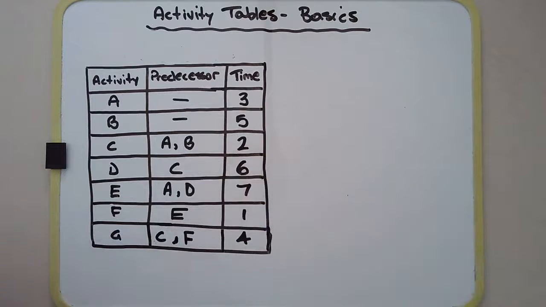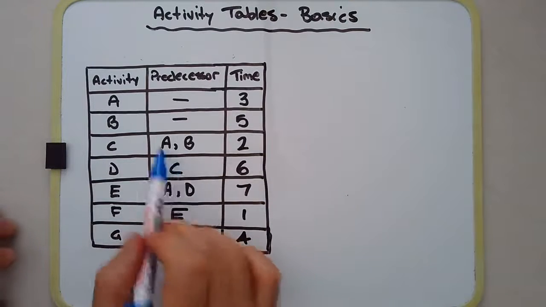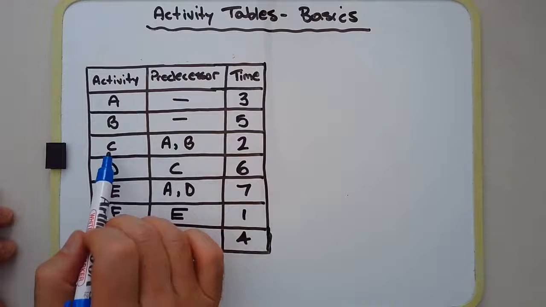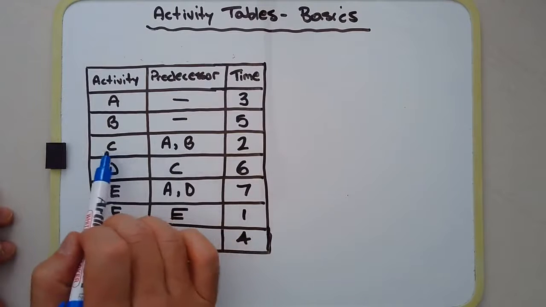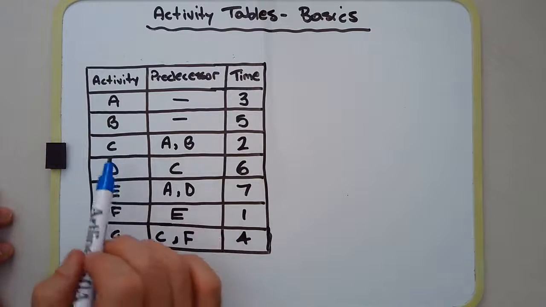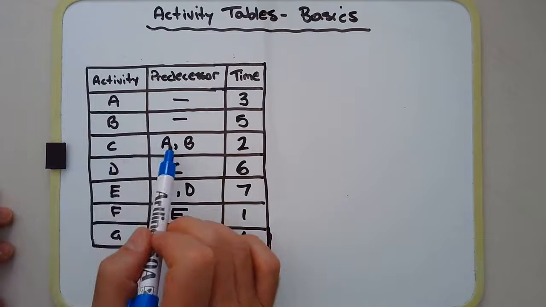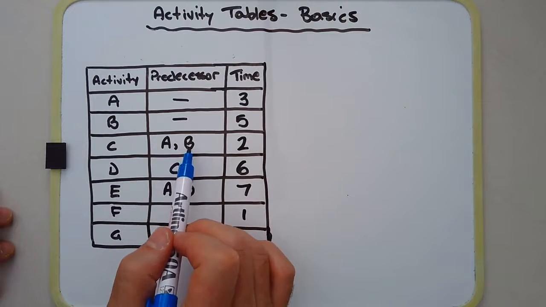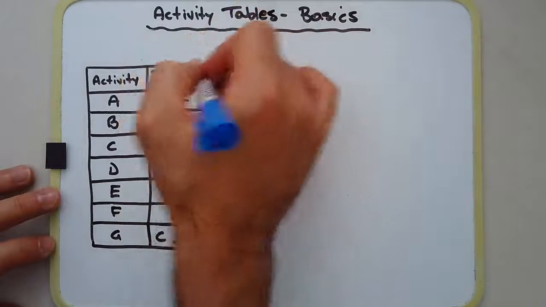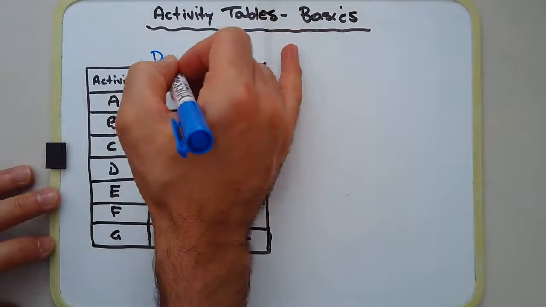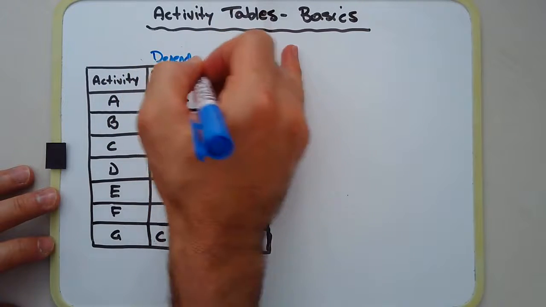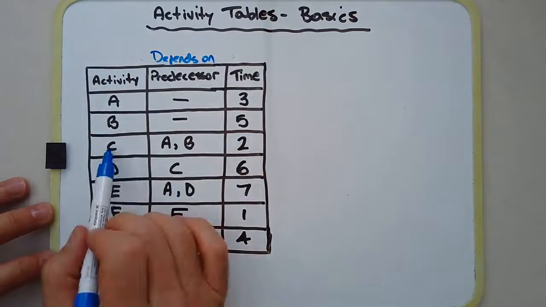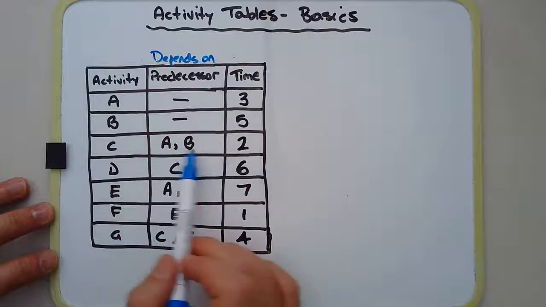Another way to think of the predecessor is what activities have to happen first before the activity in the first column can take place. For example, activity C can only take place once activity A and activity B are completed. So we could replace the word predecessor with depends on. C depends on A and B.